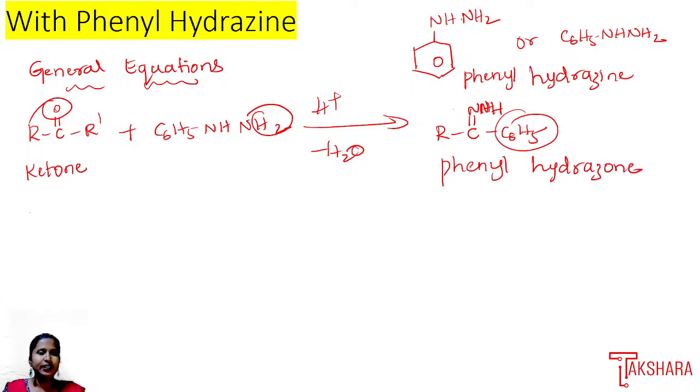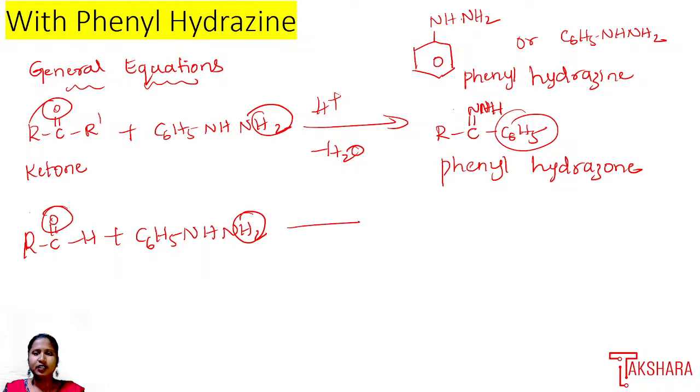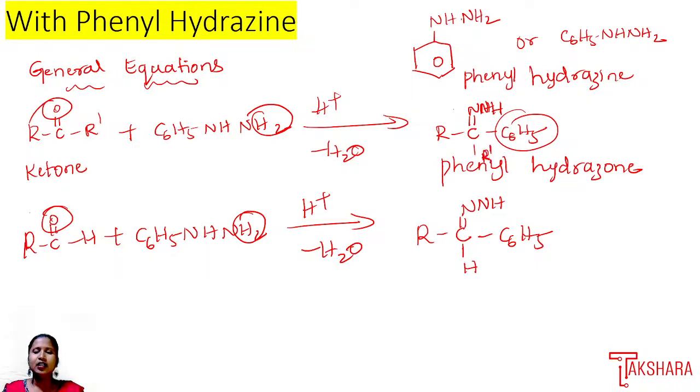Okay, so now in place of a ketone, let us consider an aldehyde. That is R C double bond O H, plus C6H5 NH NH2. This H2 is combined with oxygen in the presence of acidic medium H plus, and a water molecule is going to be removed. Again we'll get the product R C double bond N NH C6H5, and here hydrogen is there.